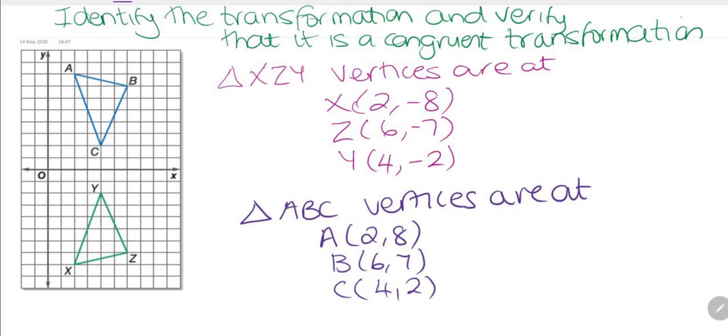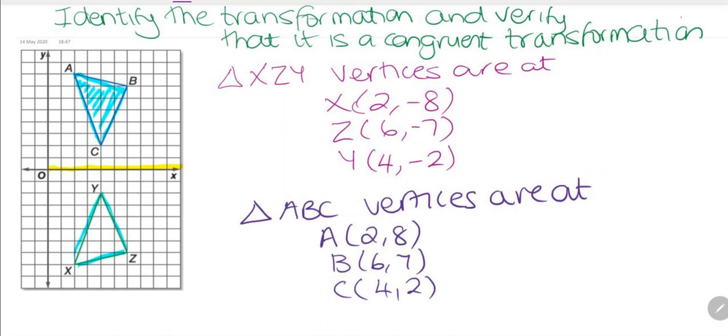Now, we've graphed the figure. So we've got the graph here, and we need to confirm what type of transformation this is. If we look here, we can see this is the x-axis, and this here has been reflected onto ABC.